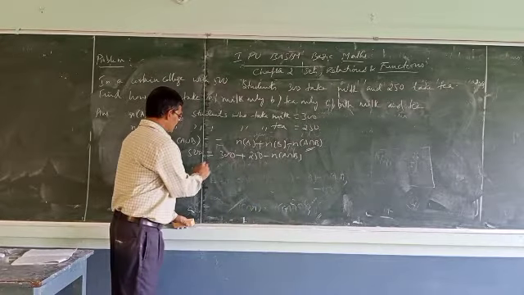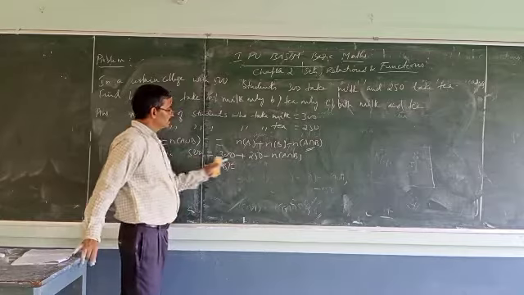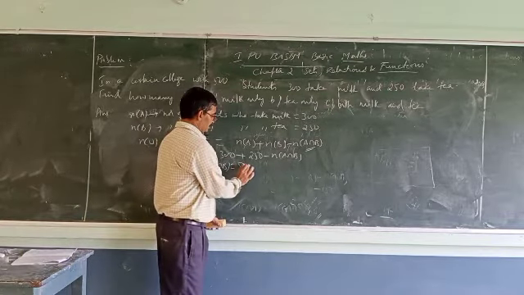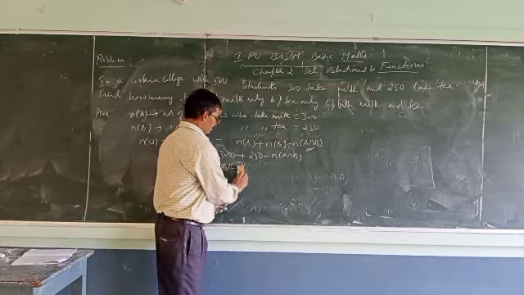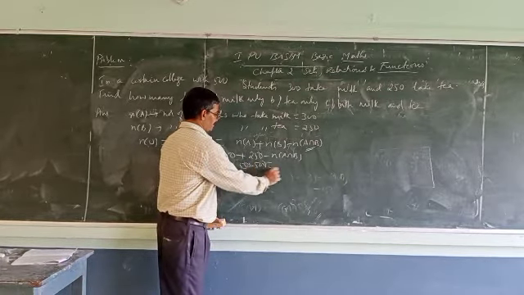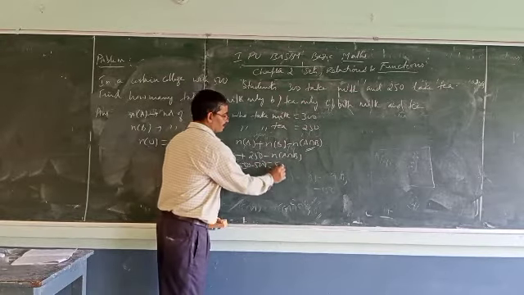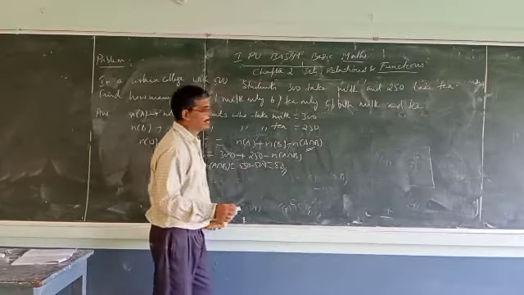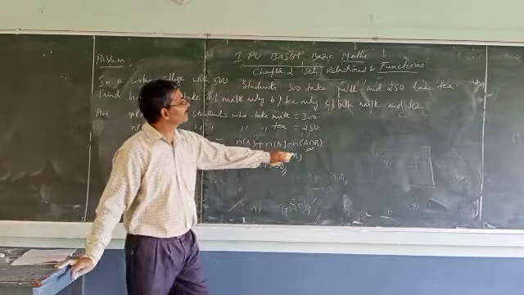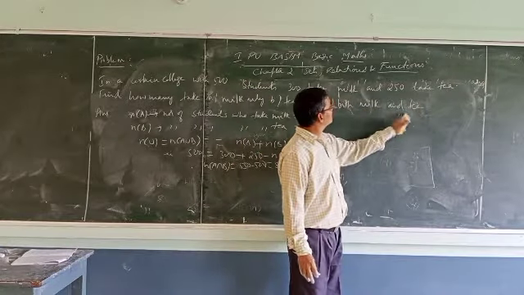Rearranging and calculating, it's equal to 550 minus 500, equal to 50. That is N of A intersection B. So part C is complete, both milk and tea.